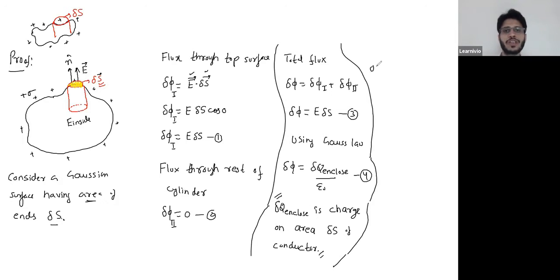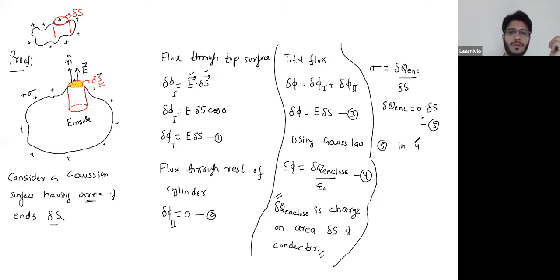Next, you can write your sigma as the ratio of charge and area. So you can write this as delta Q enclosed divided by area, which is delta S. You can write your delta Q enclosed as sigma into delta S. That's equation number 5. We can substitute the value of delta Q enclosed from 5 in 4. Then we'll get that delta phi is sigma delta S over epsilon naught.